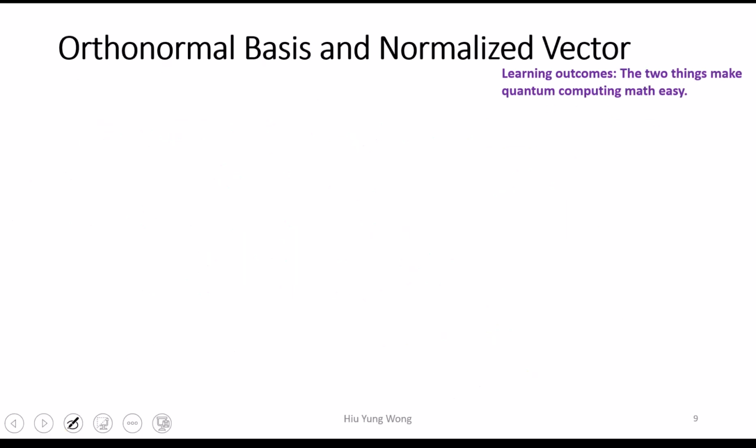Now we go back again. I keep talking about orthonormal basis and normalized vector. I did not talk about normalized vector, but we mentioned this many times. So what are they? We have been assuming we are using orthonormal basis, but now it's time to make this clear. Throughout the whole class, we will use orthonormal basis most of the time, and if it is not, then we need to mention.